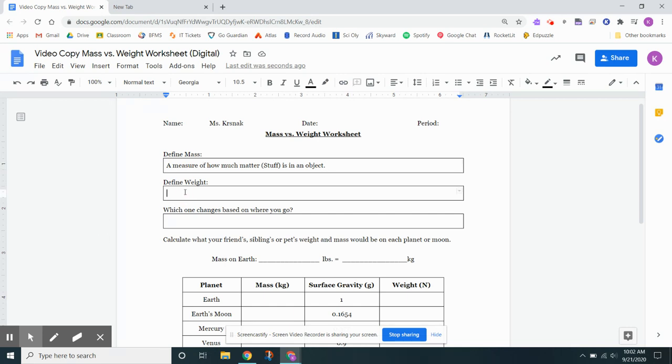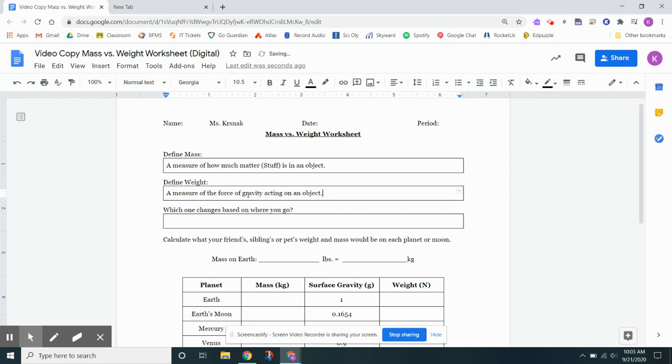Weight is a totally different concept, right? We talked about how we use the term mass and weight a lot as if they're interchangeable, but they're really completely different concepts. So weight is actually a measure of the force of gravity acting on an object.